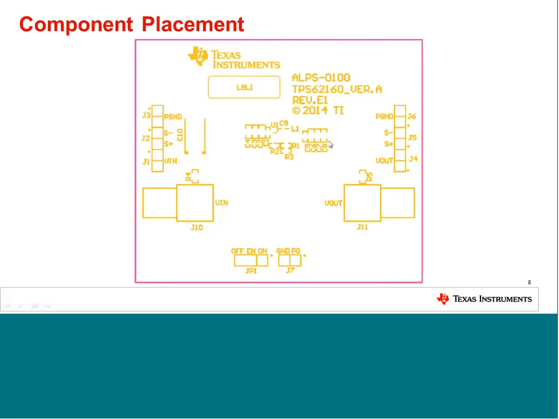The output capacitors are shown here, same structure, a small capacitor close to the IC, and a bigger capacitor as you move towards the plug at the output. The inductor is hard to see here, it's just close to the IC.